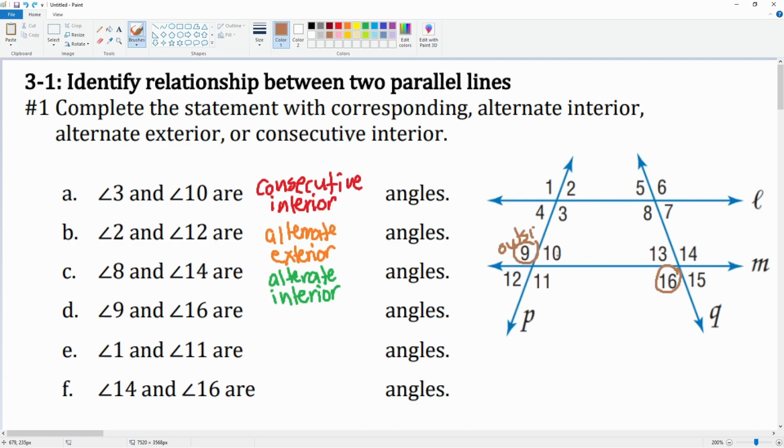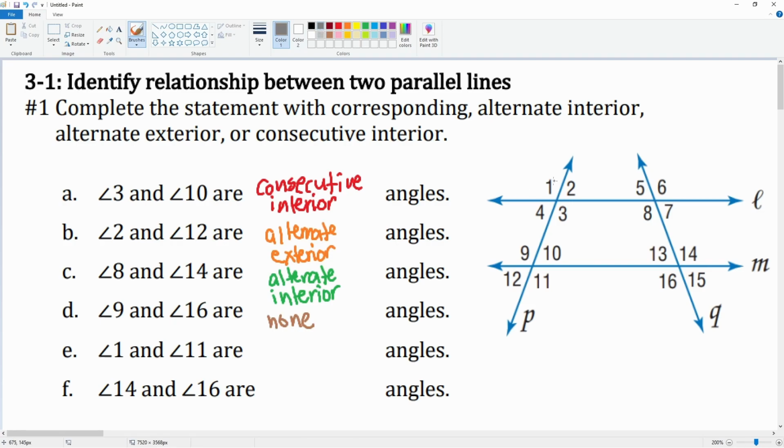Well, if you take a look, the line that they're looking at is this. This is the pair of lines, and line M would actually be the transversal. So 16 is on the inside, 9 is on the outside. So this one actually has no name between them. So here we can say this is none.